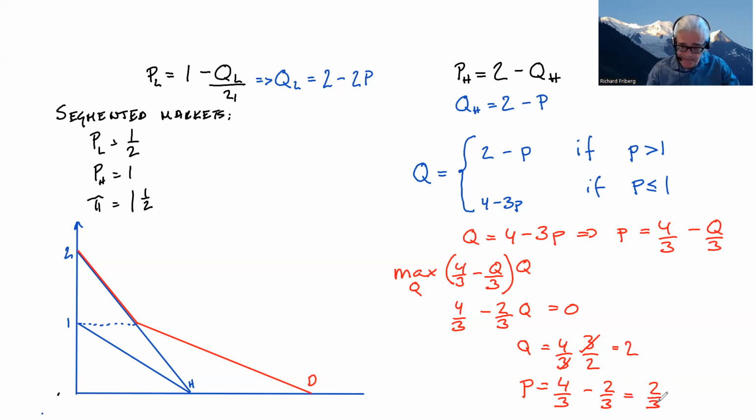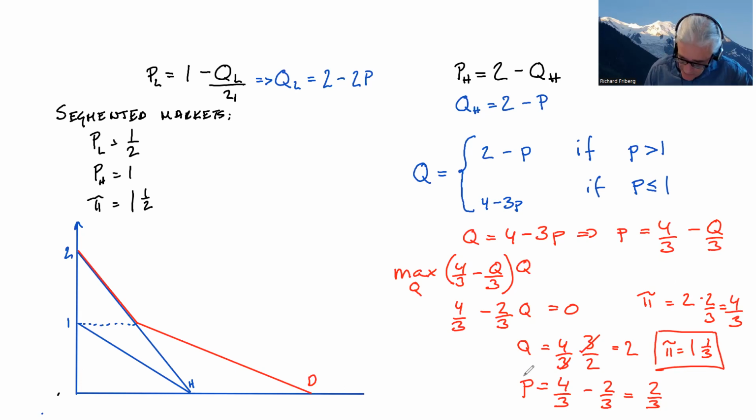Okay. So what are profits in this case? Well, they're quantity times price. So 2 times 2/3. 2 times 2/3 equals 4/3, or 1 1/3.